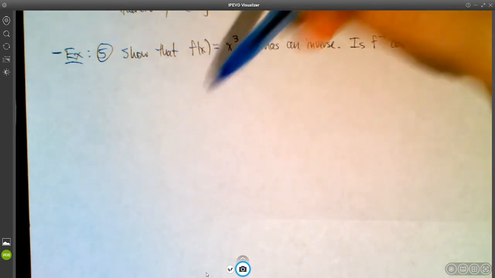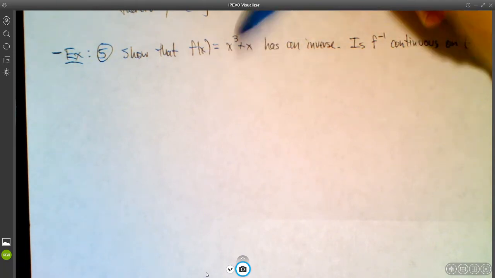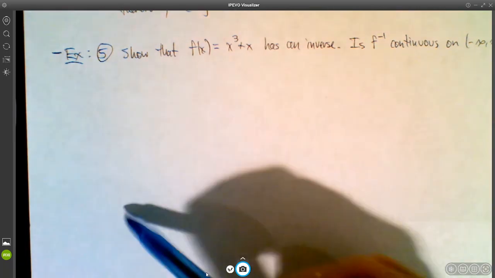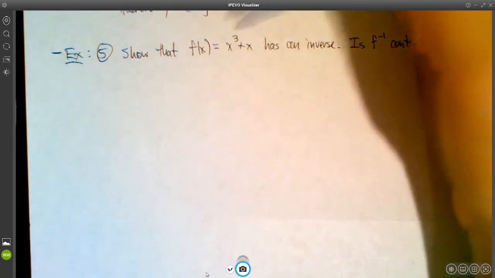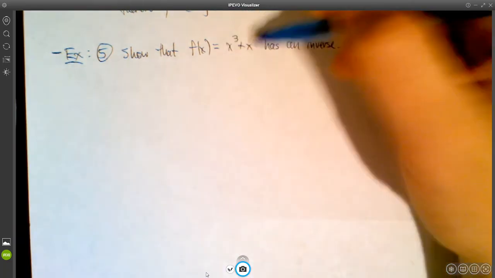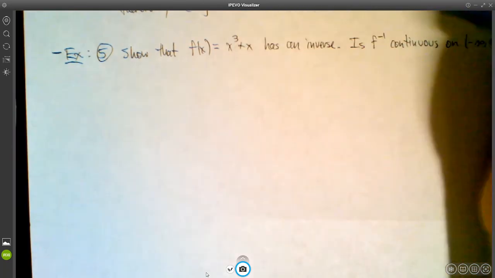If you plug in 4, you're going to get 4 cubed plus 4, so that's 64 plus 4, 68. So it's a strictly increasing function. As x increases, x cubed will increase, and so will x, and therefore the sum will be increasing.